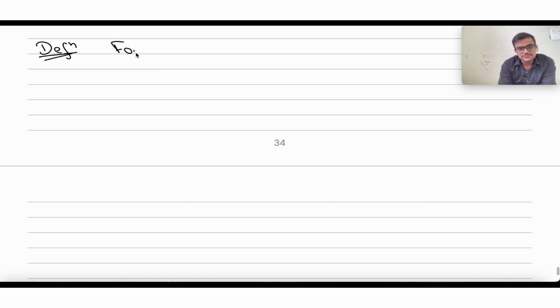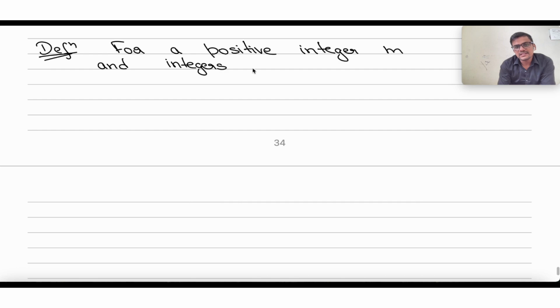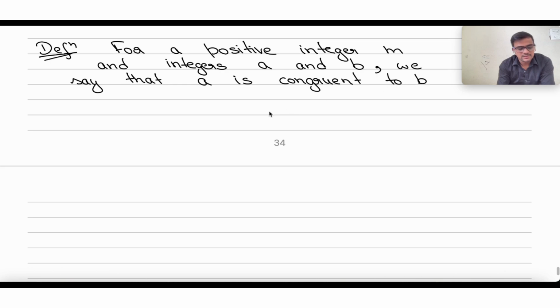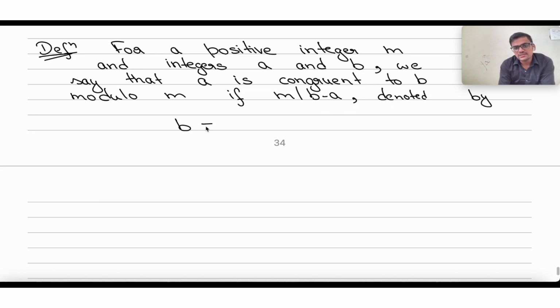For a positive integer m and integers a and b, we say that a is congruent to b modulo m if m divides b minus a, and this is denoted by b is congruent to a modulo m.